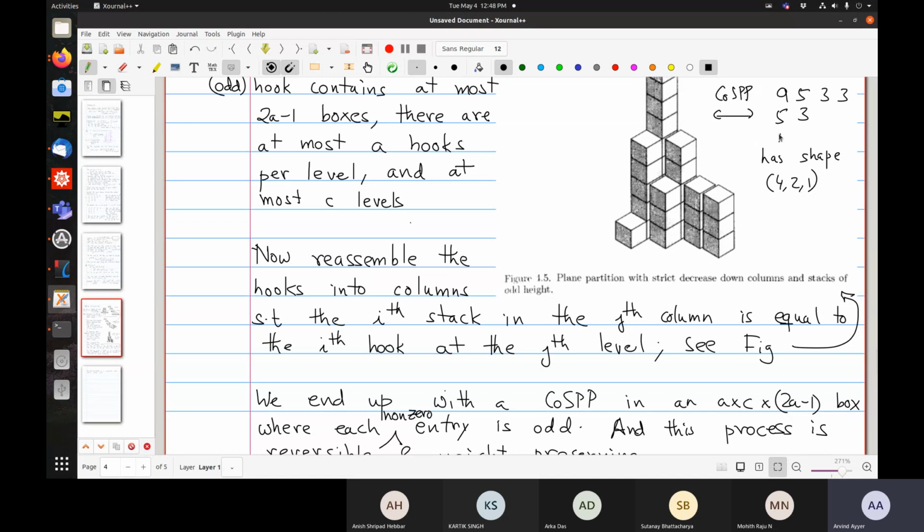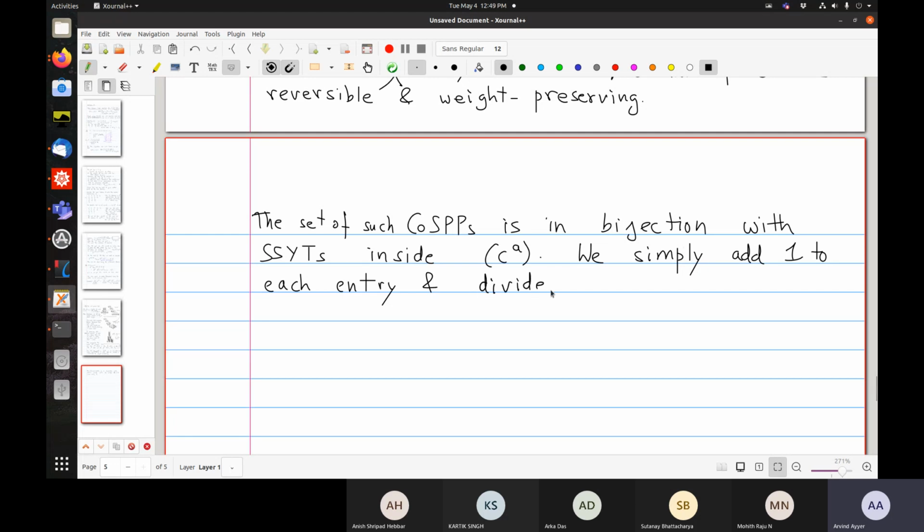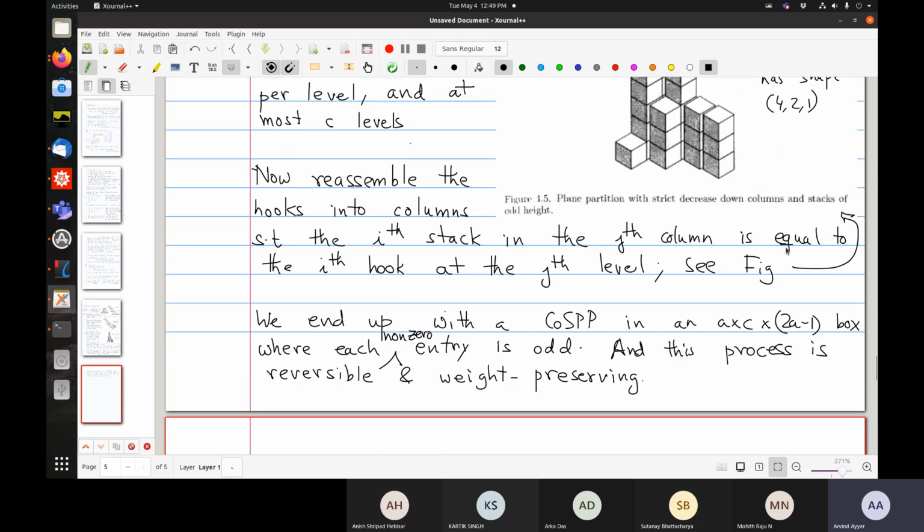So we simply add 1 to each entry and divide by 2 to get an SSYT inside an A by C by A box, because the largest entry that you will get in this process is 2A minus 1, you add 1 and divide by 2, you get A, right?